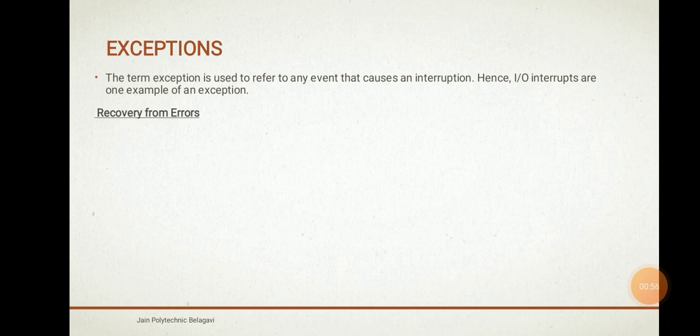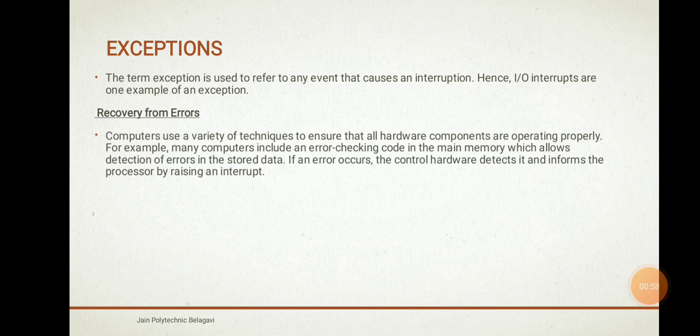Recovery from errors. Now an exception occurs, how do we recover from those errors in a program? The computer uses a variety of techniques to ensure that all hardware components are operating properly. For example, many computers include an error checking code in the main memory, which allows detection of errors in the stored data.